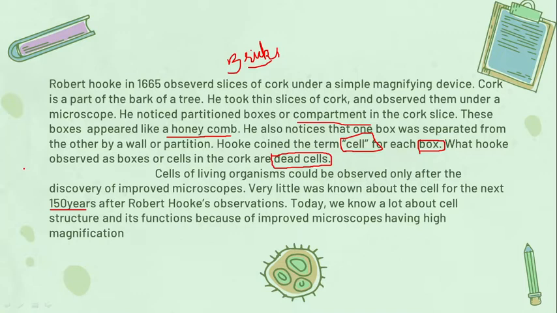He observed dead cells, and after 150 years other scientists could also observe with microscopes. The first dead cell was observed by Robert Hooke in 1665.